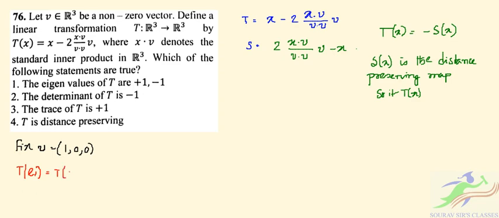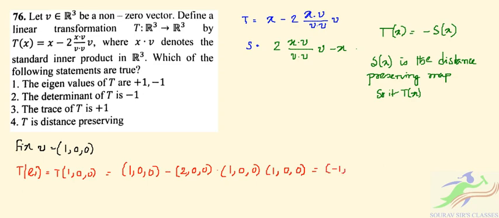T of e1 will be e1 minus 2 times the dot product with v, so we get T of e1 equal to minus 1 comma 0 comma 0.